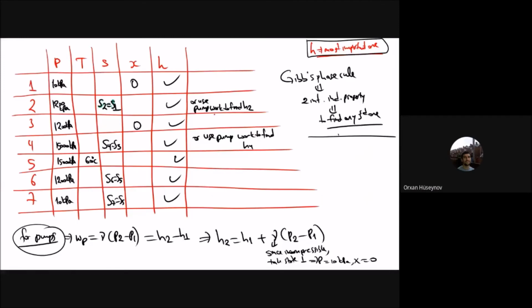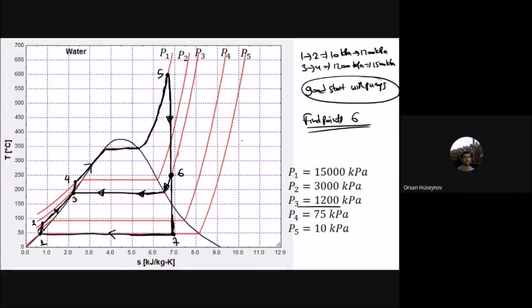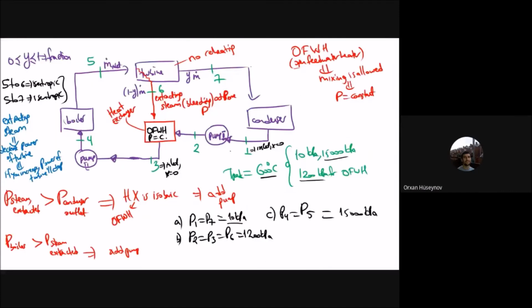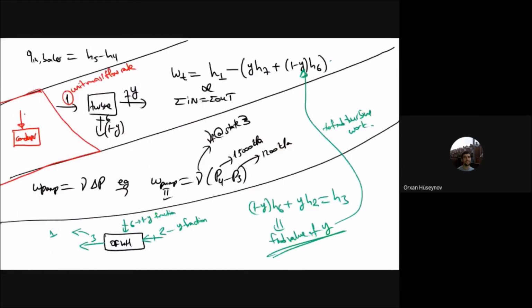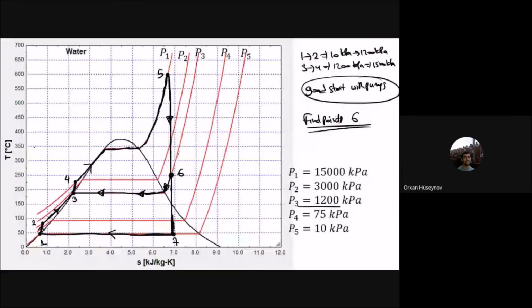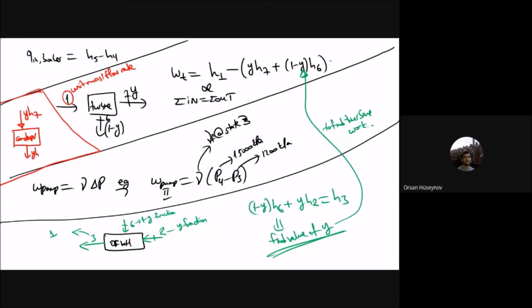Okay, so for this unit mass flow rate, you will have this condenser inlet, and you will have this condenser outlet, but with the y fraction. So you can do that. You have this condenser here, and for this condenser, you have the y fraction here, which is y times enthalpy at 7, and the outlet is y times enthalpy at 1.